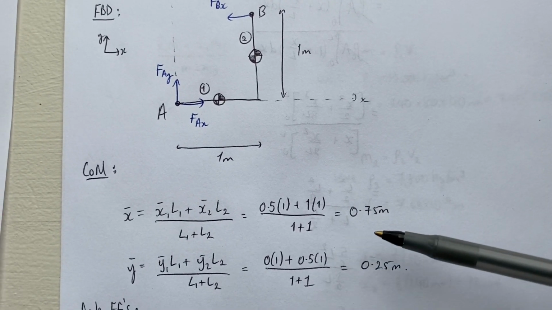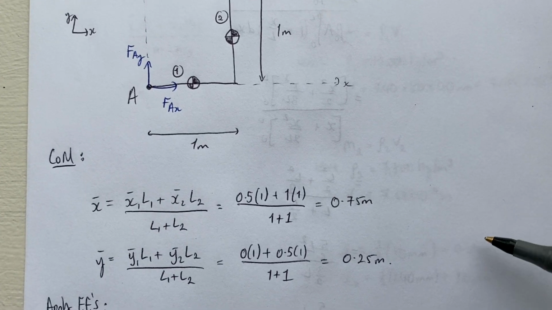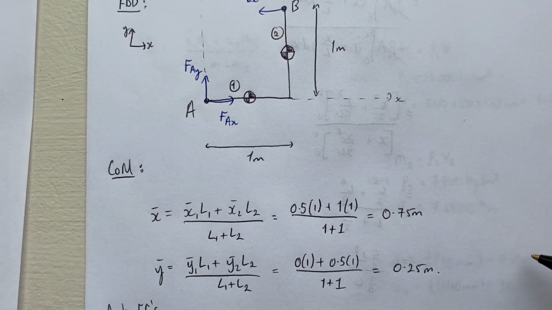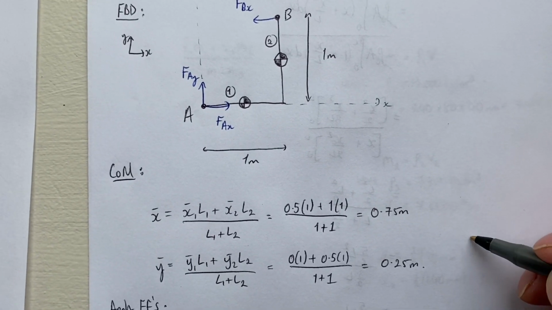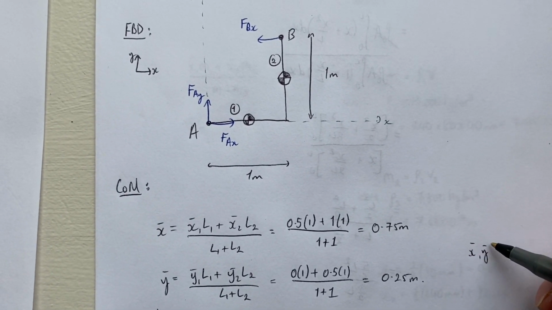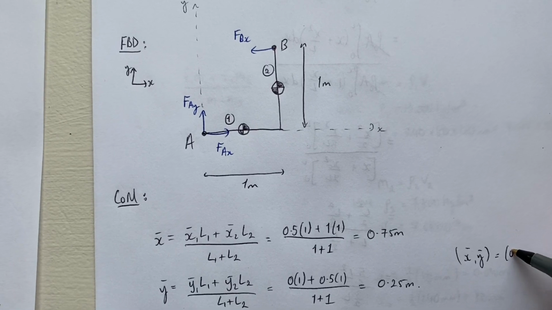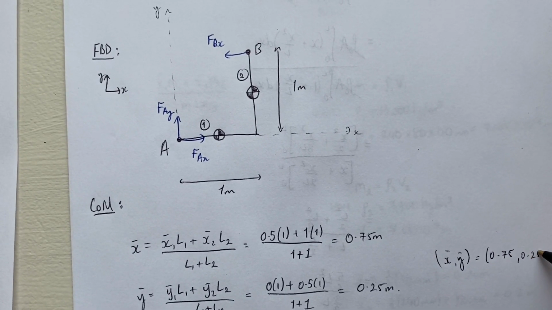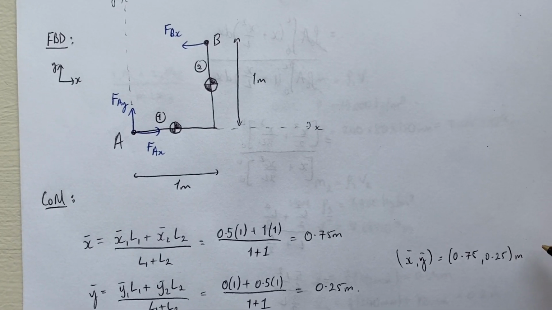So the coordinates of the center of mass of the whole shape, x bar, y bar, is equal to 0.75, 0.25 meters.